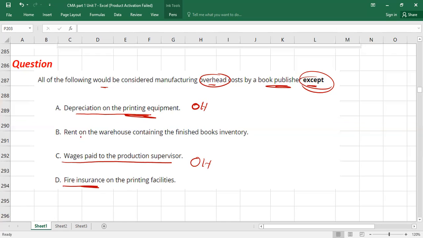It means what is left now? B. Rent on warehouse containing finished goods inventory. It is mostly part of marketing and selling expenses. No? Administration expenses. I was asking you. Yes, it was administration expenses. It was written here, I will show you.